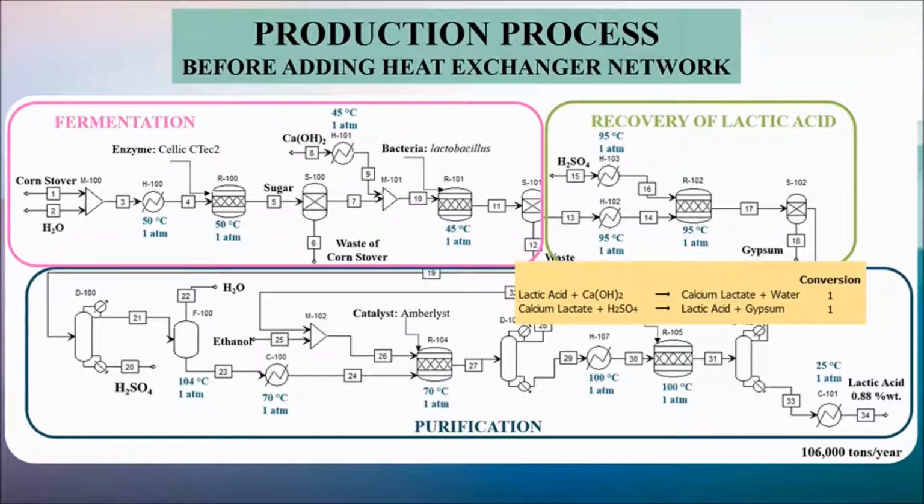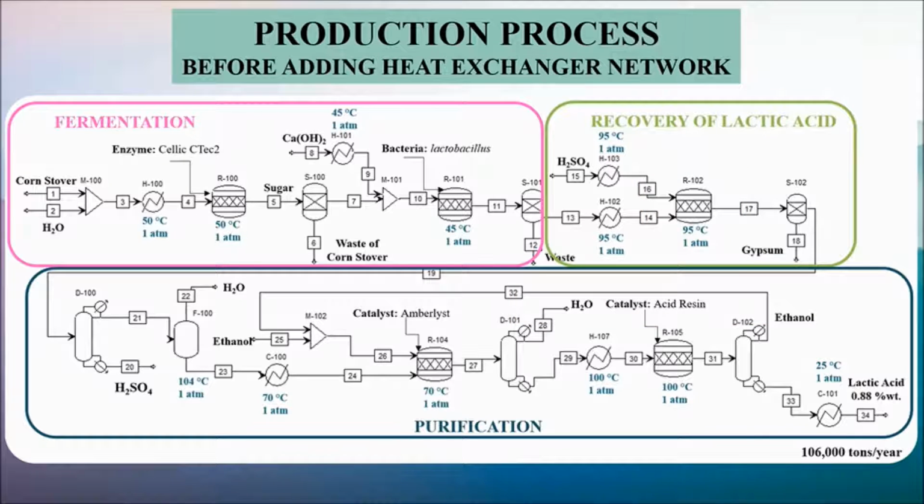Since calcium hydroxide reacts with lactic acid to form calcium lactate and water, lactic acid has to be recovered by using sulfuric acid to react with calcium lactate back to lactic acid, and a byproduct is gypsum, which is separated in stream 18. This reaction takes place at atmospheric pressure and 95 degrees Celsius in reactor R102.